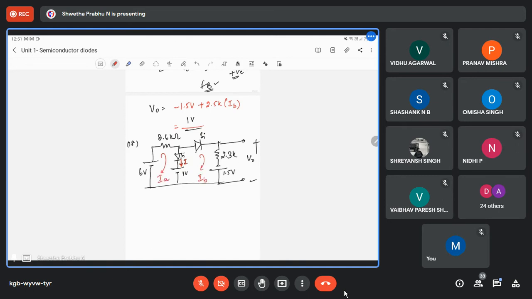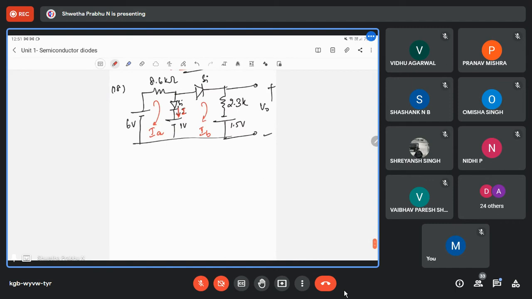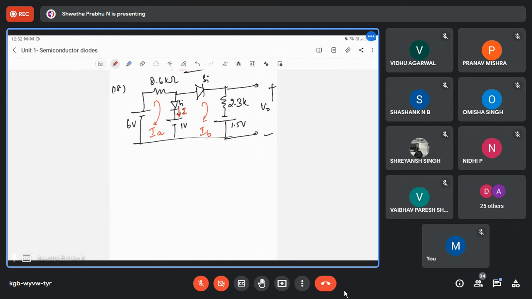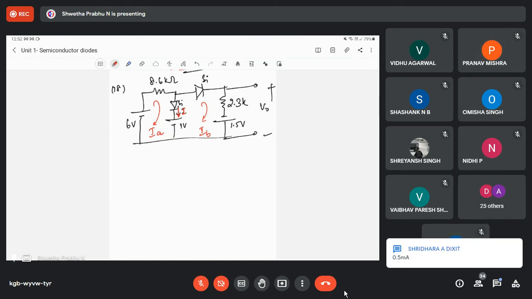Find the loop currents. IA is 0.5 milliamp. Correct.